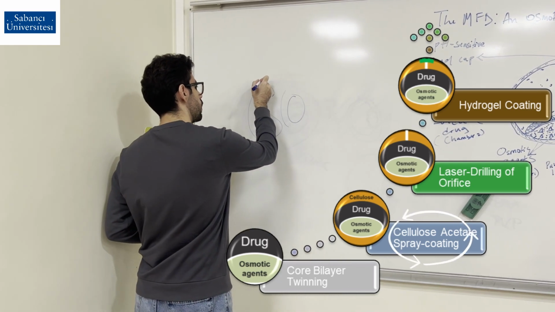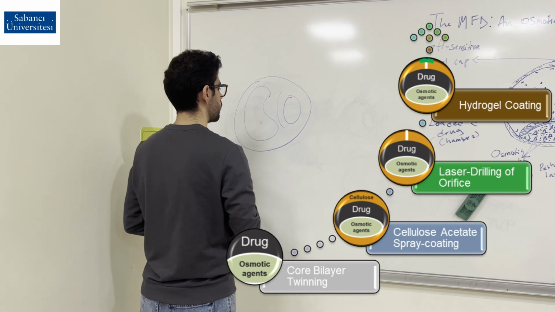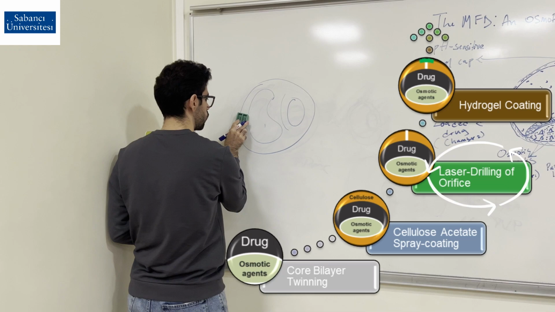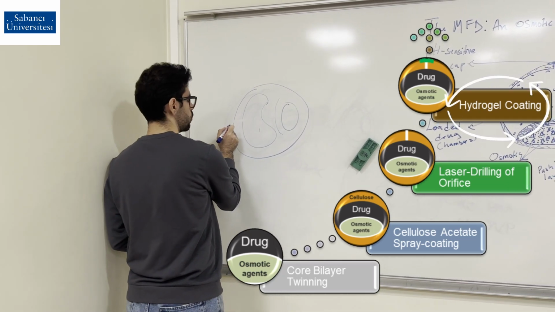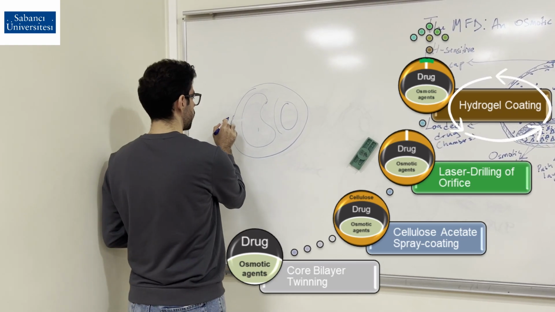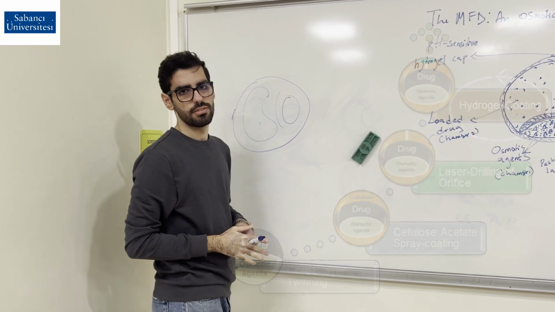Then we coat it using cellulose, and after that we laser drill to make our orifice, and then we fit the cap. And as I said, we use two different hydrogels for two different responsive environments.